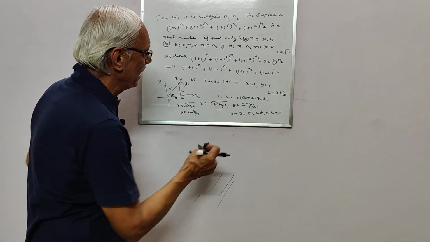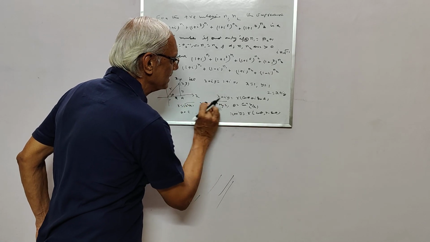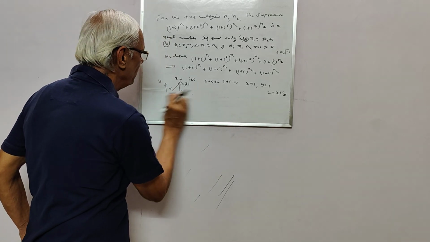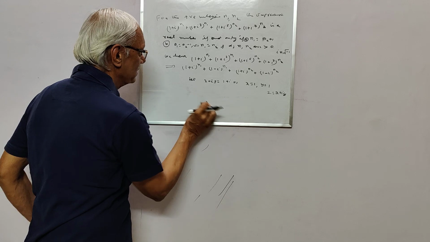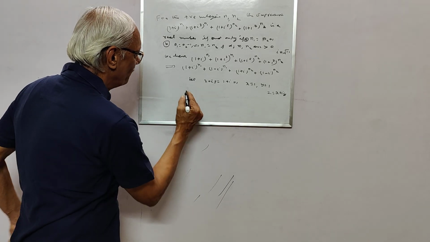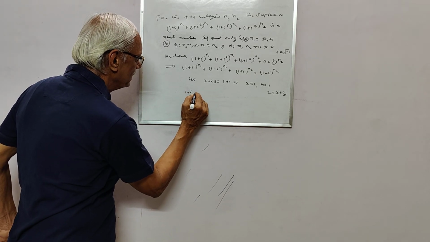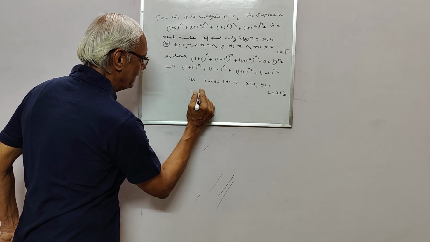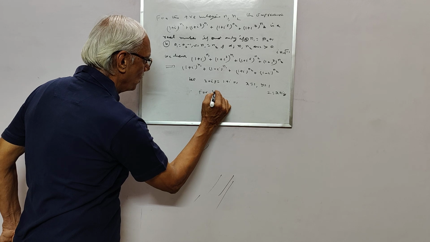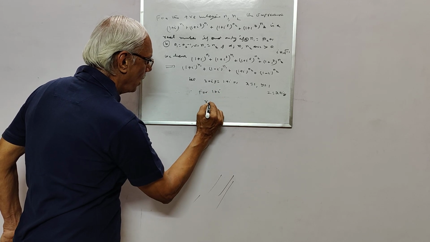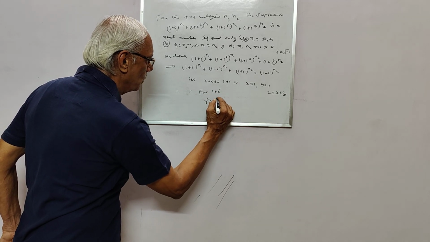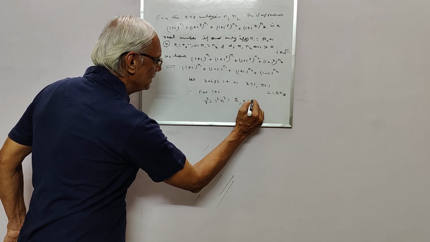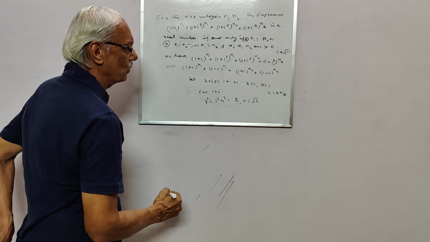Now, having this idea, how will you write this given? Therefore, using this idea, for 1 plus i, r squared will be equal to 1 squared plus 1 squared, that is equal to 2. So this implies that r is equal to square root of 2.